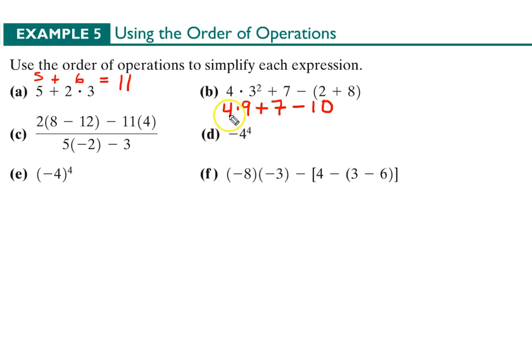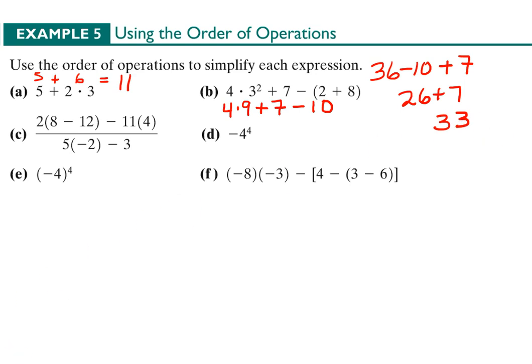Well, we do this multiplication. 4 times 9 is 36. Now I'm going to put the minus 10 here. I switch this around. I'm allowed to do that. And then I'm going to add 7. So we could do it that way or not. So this is 26 after we subtract the 10 plus 7. And then this is going to give us 33.